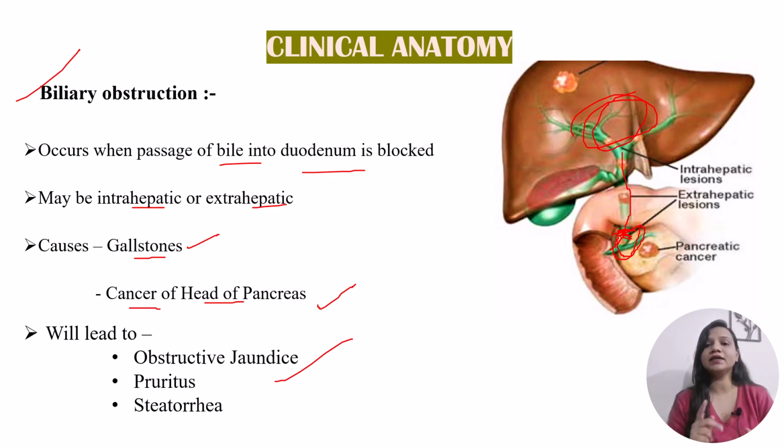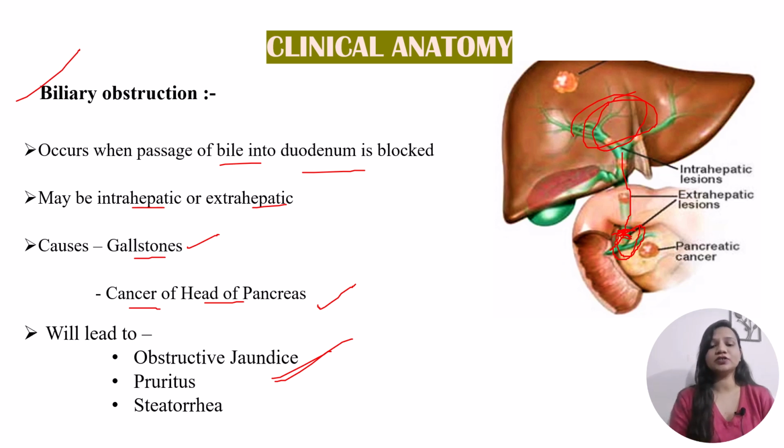When the bile is not reaching the intestine, the stercobilin is not mixed with the stool, and so the stool becomes pale. So in obstructive jaundice we see these symptoms: yellow skin, yellow sclera, dark urine, and pale stool.